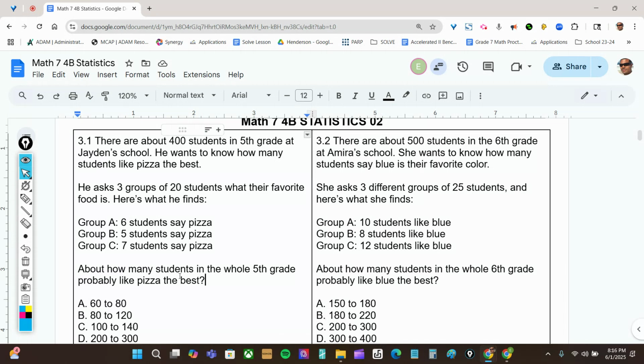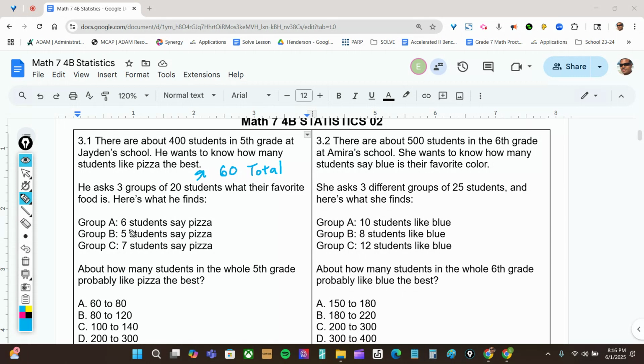All right, there are 400 students in the 5th grade at Jayden's school. He wants to know how many students like pizza the best. He asked 3 groups of 20 students, so that's 60 total students.